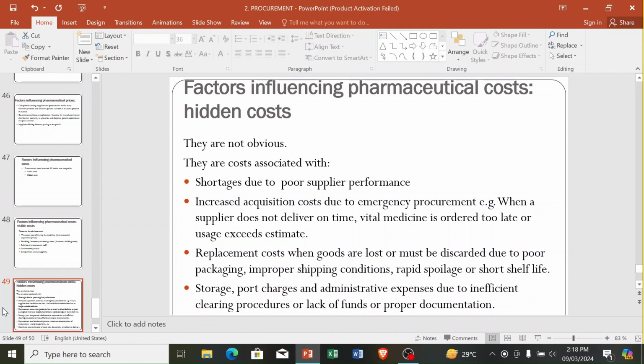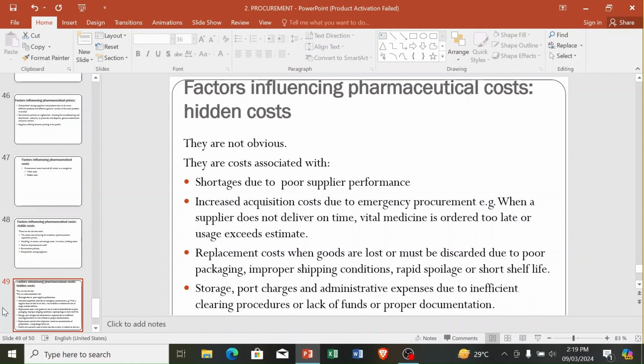Sometimes in the facility when we are storing, the quality of medicine can degrade, and then it may not be fit for consumption by the clients, and because of that we cannot let our clients consume poor quality medicine. When we were stocking, we did not want such a thing to happen, but it has happened. So it becomes a hidden cost.